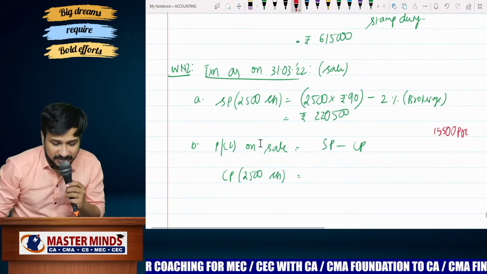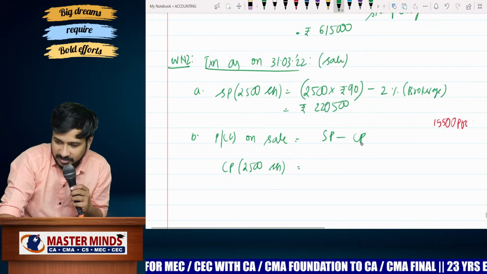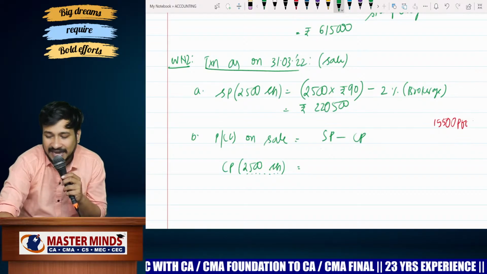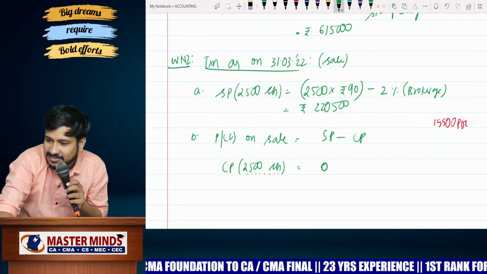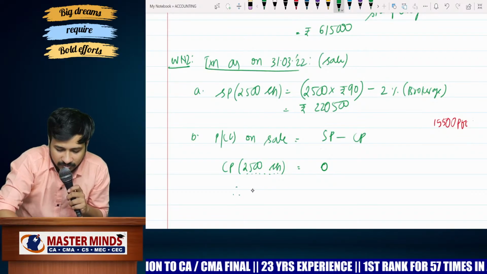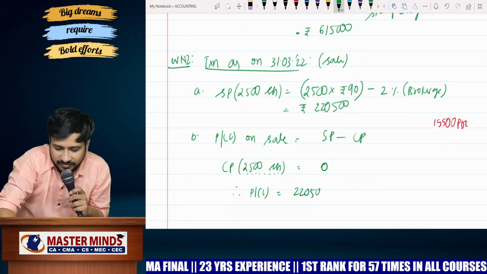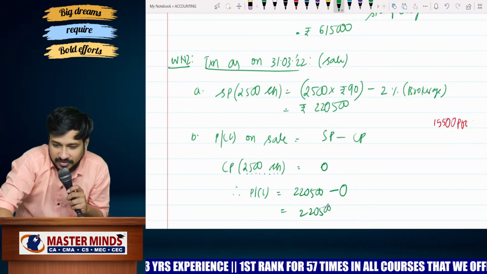So cost price of 2,500 shares, these are bonus shares, is equal to 0. Therefore, profit or loss is equal to 2,500 minus cost price 0. So 2,500 is profit.